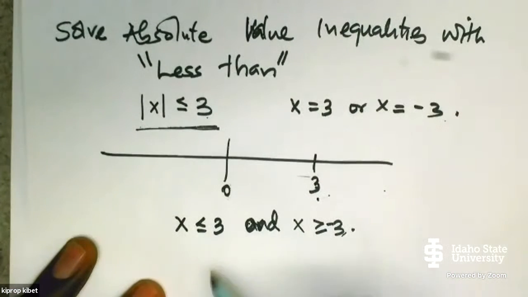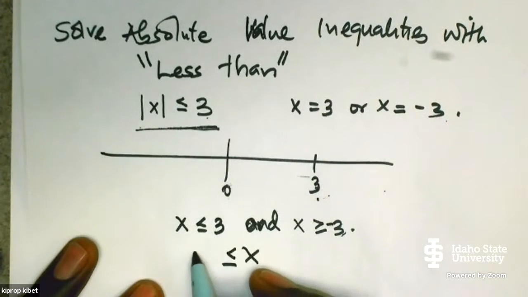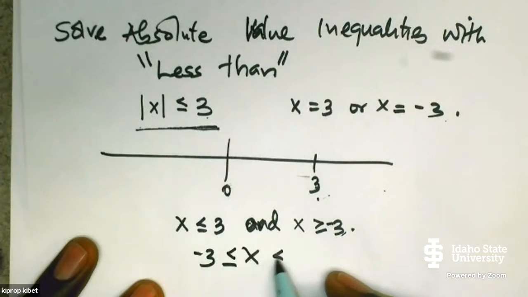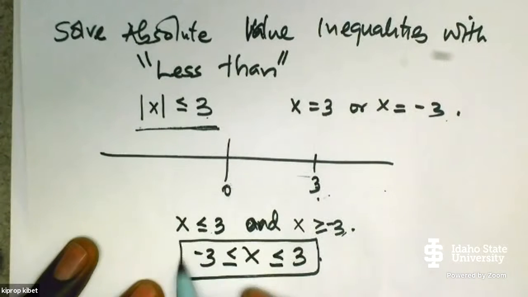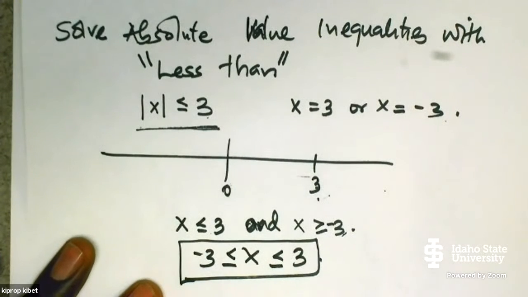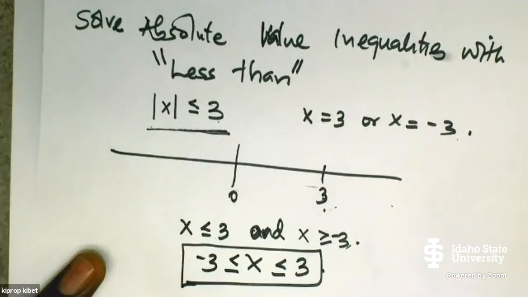So in this case, we can write x greater or equals to negative 3 and x less or equals to 3. So we can write it like that.